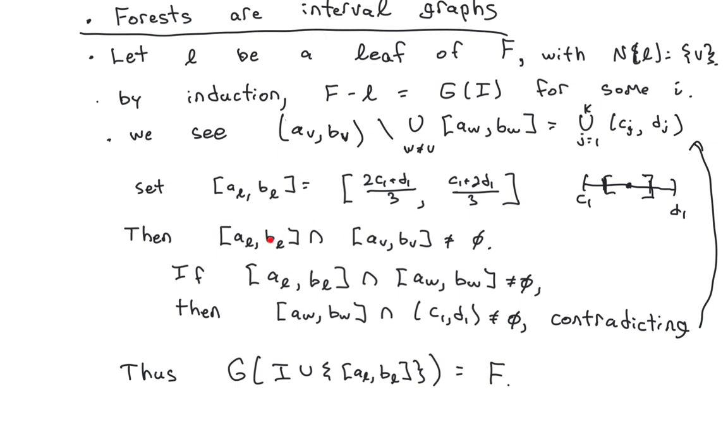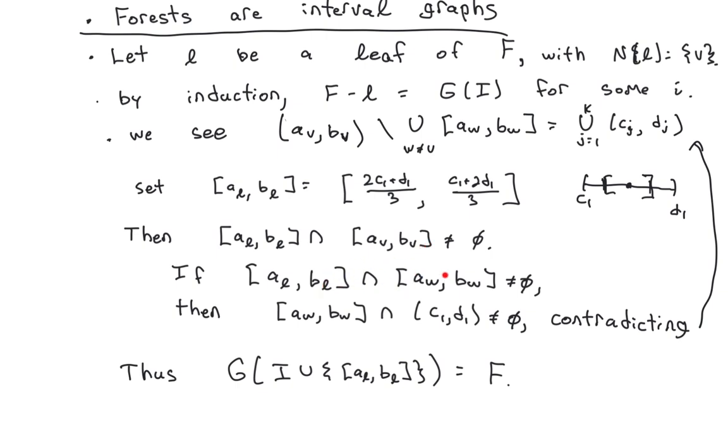So that guarantees that these 2 intervals intersect, and therefore, as an interval graph, I need to have an edge between L and V. On the other hand, since these intervals were found by removing all the intervals coming from our other vertices from V, we are guaranteed that this new interval we just built has to be separate from the rest.